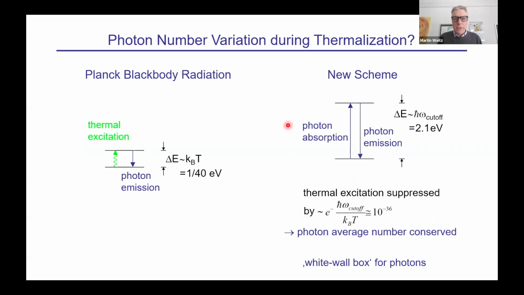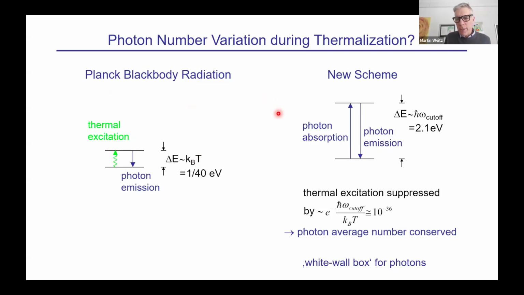The next question, of course, is: do you vary the photon number during the thermalization? In Planck's blackbody radiation, there are processes like the thermal excitation and the emission of a photon, and this combined process creates a photon. Of course, also the opposite happens, and that destroys a photon, and that's precisely why in the blackbody radiator, the photons just go away as you cool down.